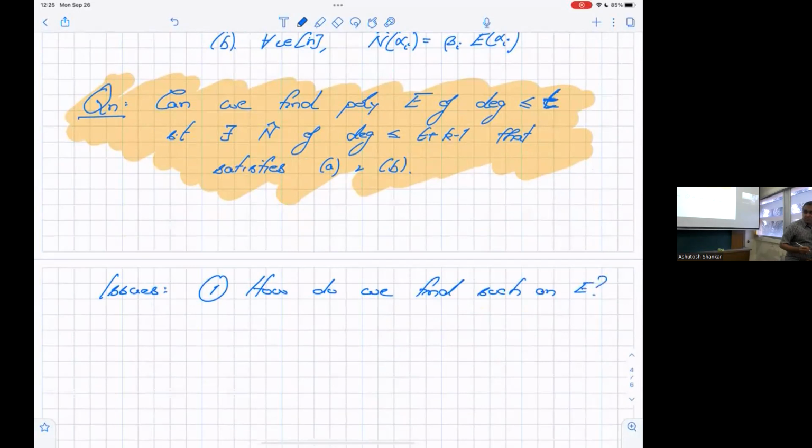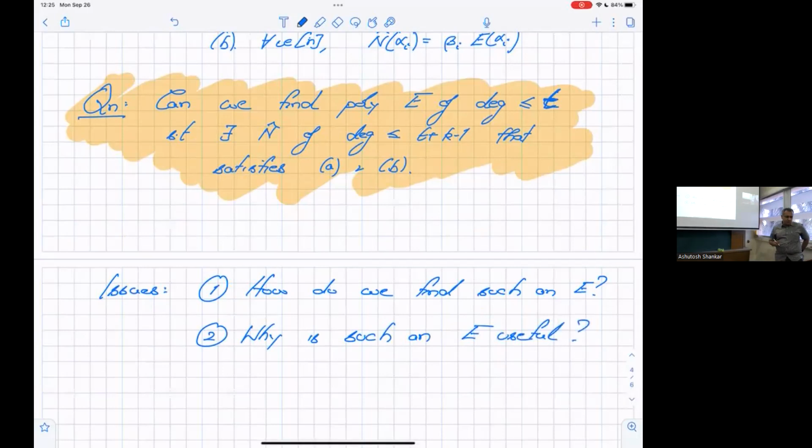I haven't used it. It will pop out in the analysis. How do we find such an E? And why is such an E useful? We have to answer both these questions.